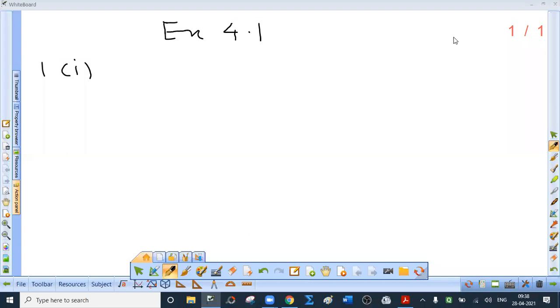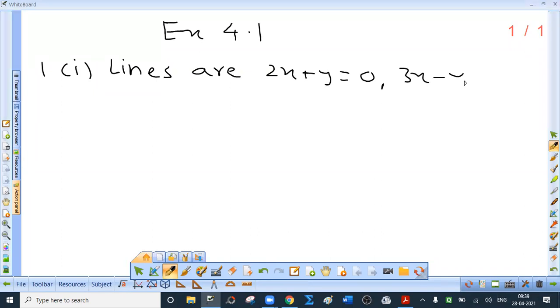Now exercise 4.1, first question. Find the combined equation of the following pair of lines. First one, 2x plus y equal to 0. So I will say the lines are 2x plus y equal to 0, and the other line, 3x minus y equal to 0.